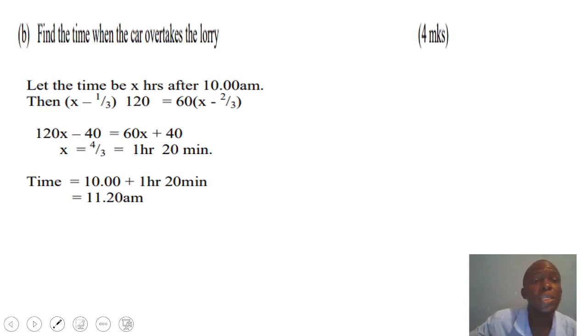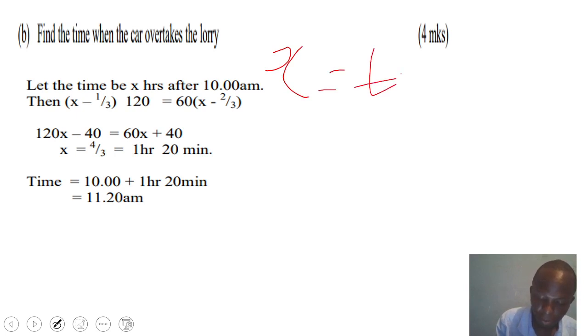If we let the time be x after 10 a.m., then we have to note that the car will require x minus 1 over 3 hours. Now where is 1 over 3 coming from?